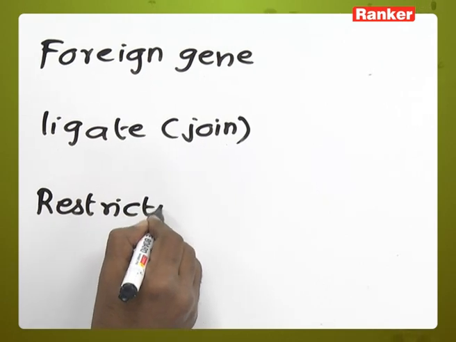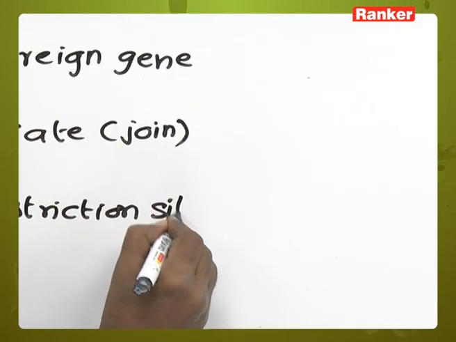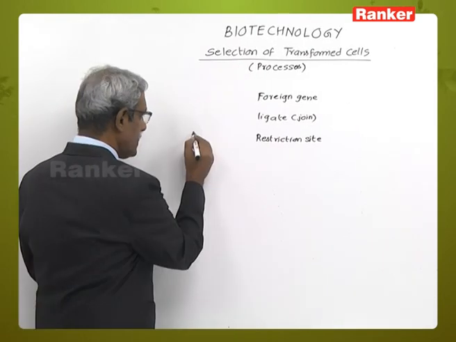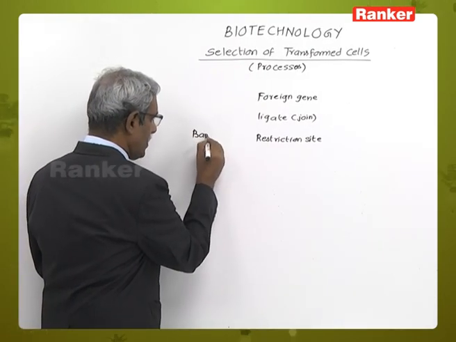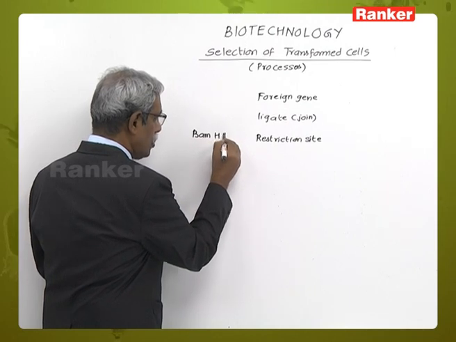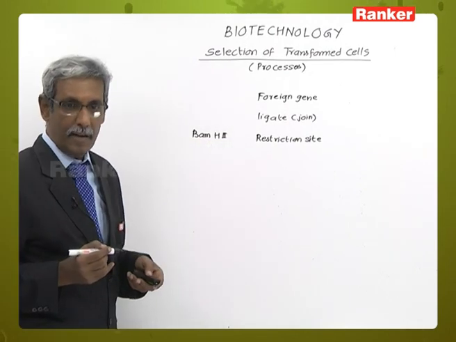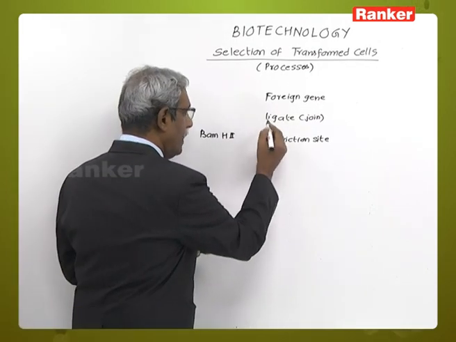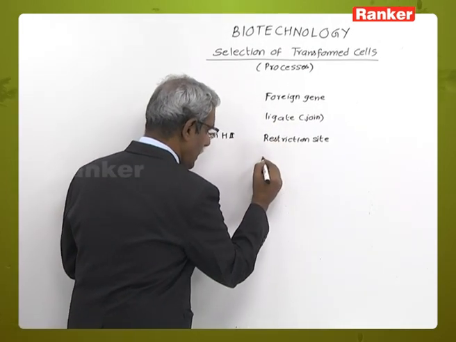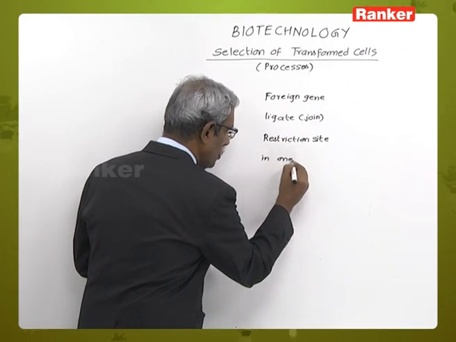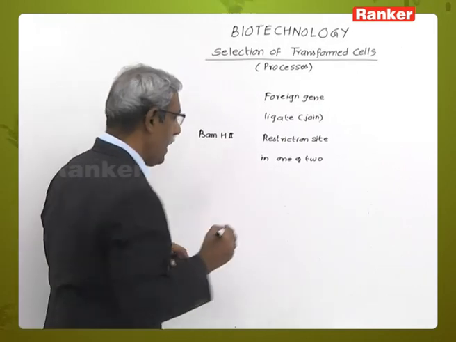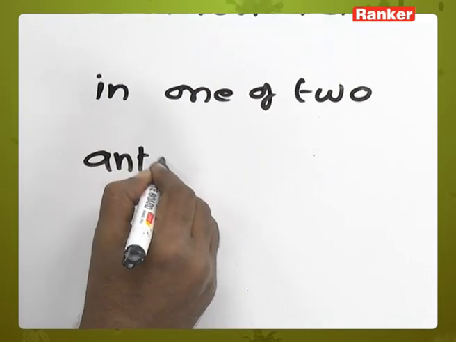What could be a typical restriction site? A restriction site could be one which is cleaved by BamHI. It has a restriction site and it ligates at the restriction site in one of the two antibiotic resistant genes.